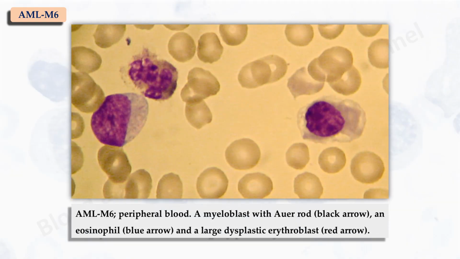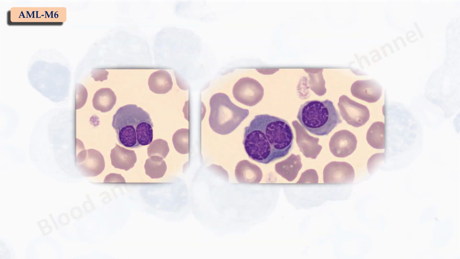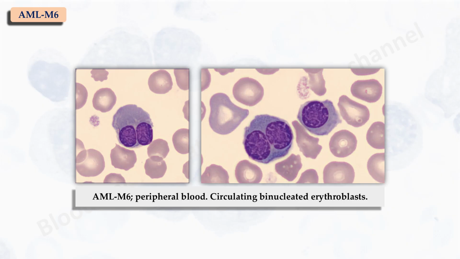Peripheral blood film of a patient with AML-M6, showing a myeloblast with Auer rod, an eosinophil, and a large dysplastic erythroblast. Circulating binucleated erythroblasts in a patient with AML-M6.